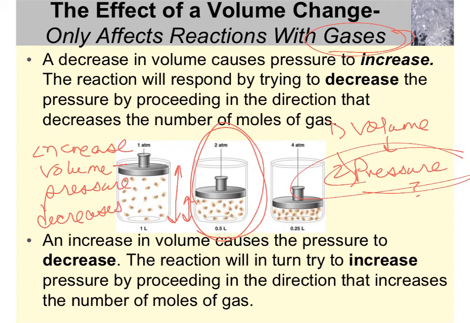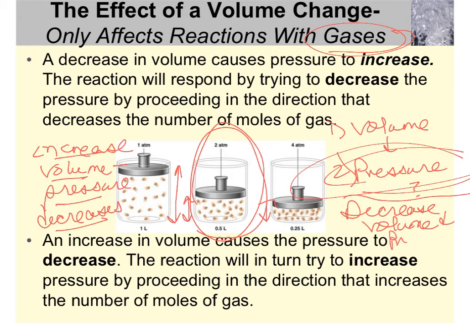And if you remember, pressure is caused by the frequency of collision of gas molecules against the container. So if they have more room, there's going to be less frequency of collisions. Increase in volume, decrease in pressure. If we go the other way and decrease volume, again, inverse relationship, pressure is going to increase, which means think of concentration as increasing when you're trying to figure out a Le Chatelier problem.